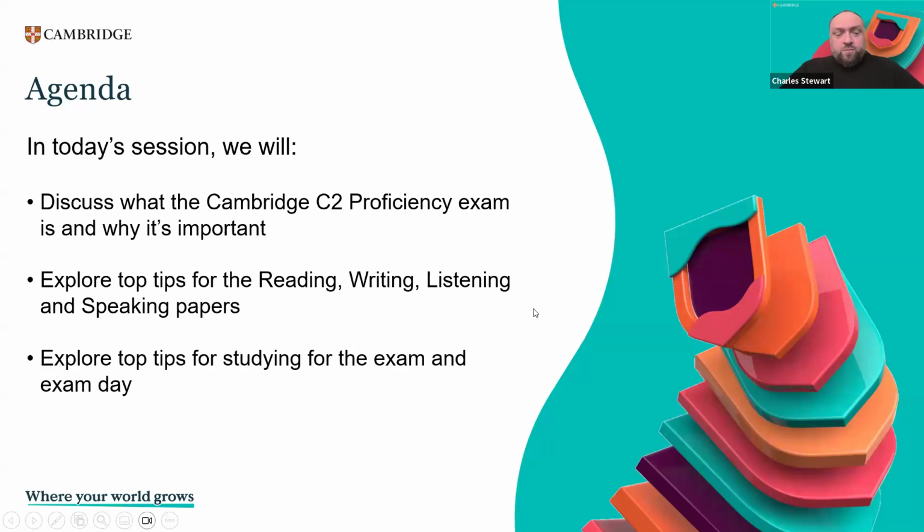In doing so, we will look at top tips for taking each part of the exam, but also, at the end of the session, a few tips for how to better study for the exam and what to expect on exam day itself.